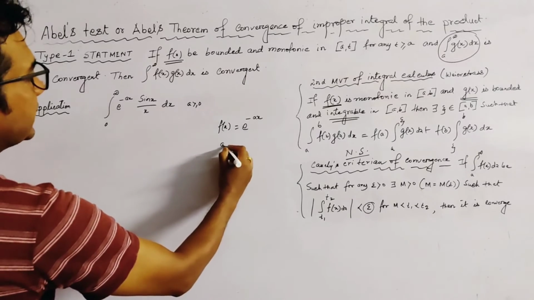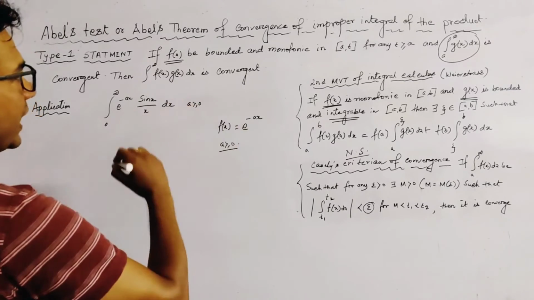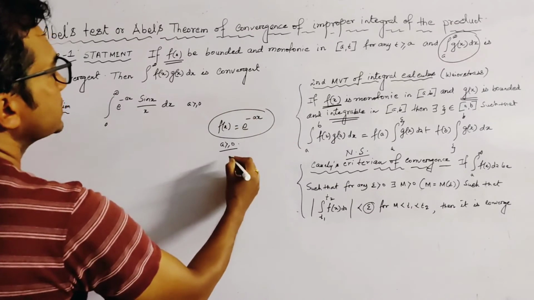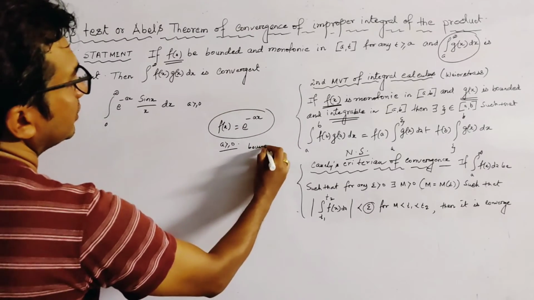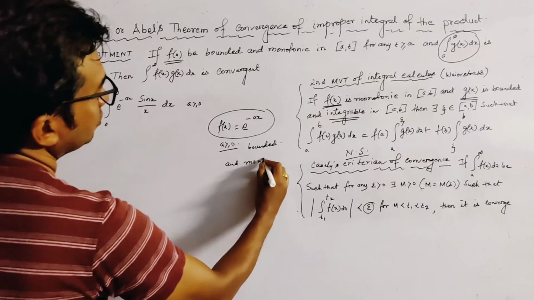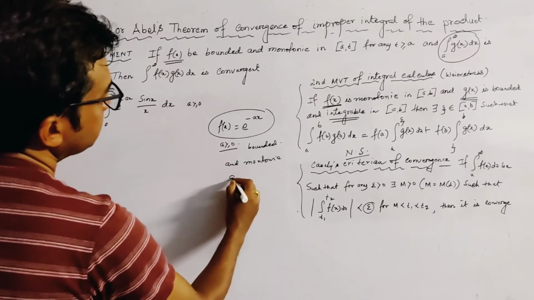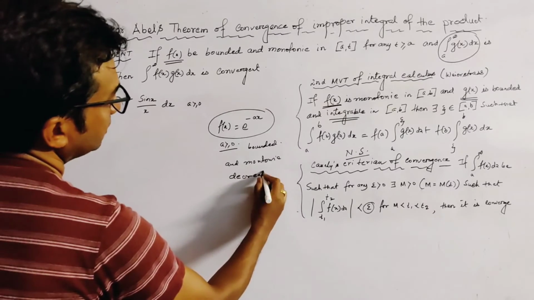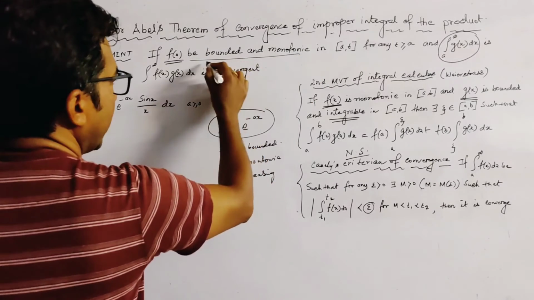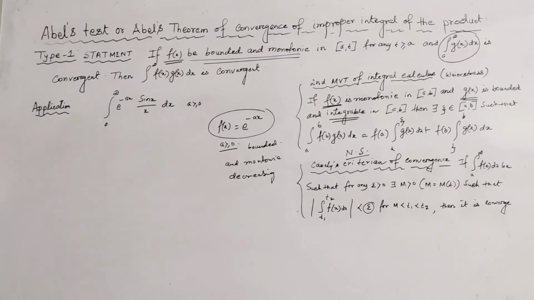Since a is greater than or equal to 0, this function is bounded and also monotonic, monotonic decreasing here. So the first condition of Abel's theorem is satisfied.